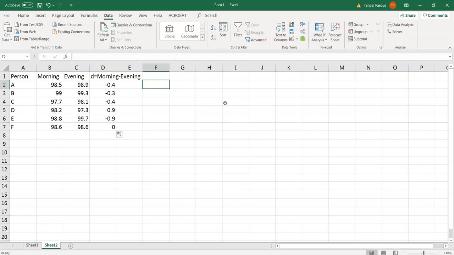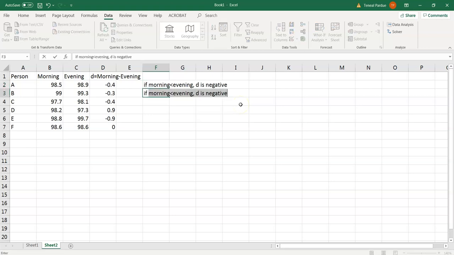And if you'll notice, if morning is less than evening, then when we do that subtraction, we're going to get a negative number. If morning is greater than evening, we're going to get a positive number.